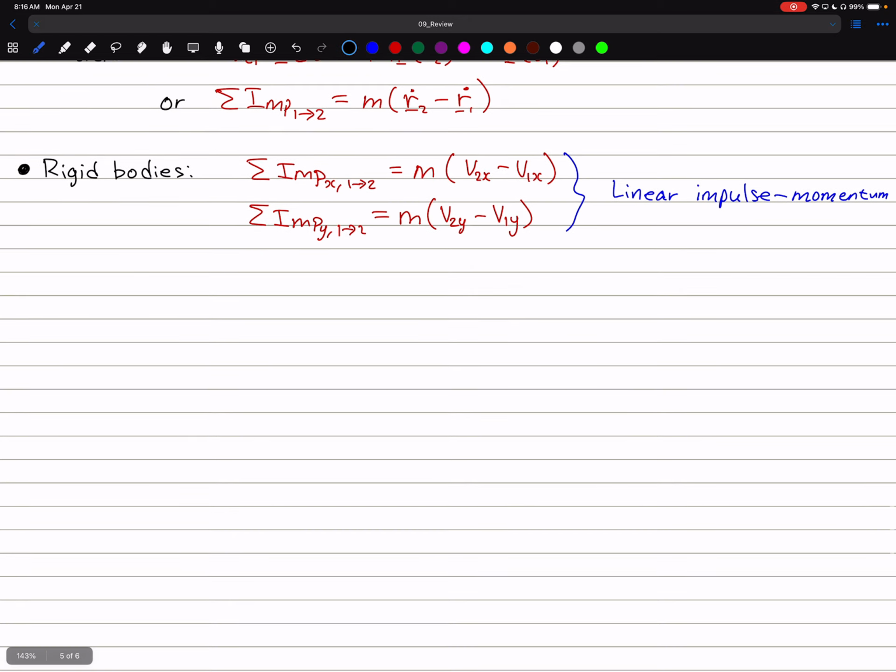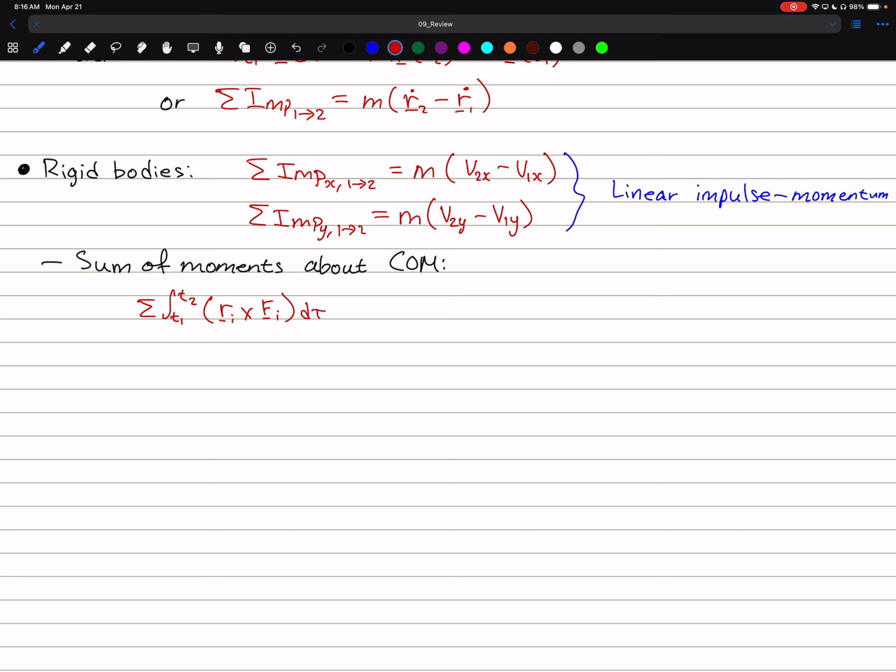We also then need to deal with the sum of the moments. We'll just do center of mass here, or we can do another point as well. About, let's say, the center of mass first, this is going to be the sum of the integral from t1 to t2 of r sub i crossed with F sub i dt.